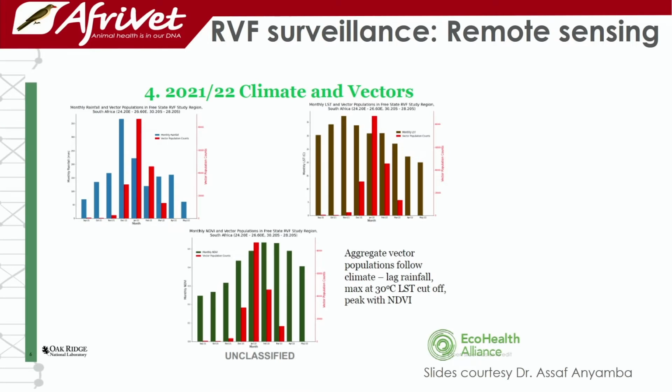All these 3 elements can be combined, and they'll cause a situation that will favor the outbreak. And you see a clear correlation. In this graph, the red lines are the vectors, the mosquitoes. You'll find that they correspond with the occurrence of high precipitation or high grass cover and so on.